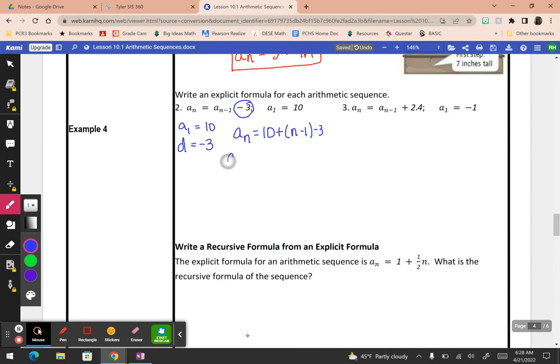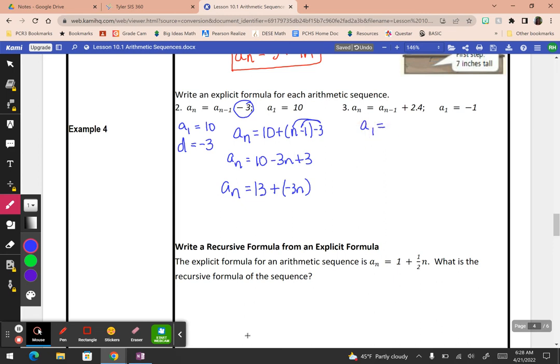Then distribute: a sub n equals 10 minus 3n plus 3, because this is a negative times a negative, right? So I have a sub n equals 13 plus negative 3n, or just minus 3n, whatever you want to put there.